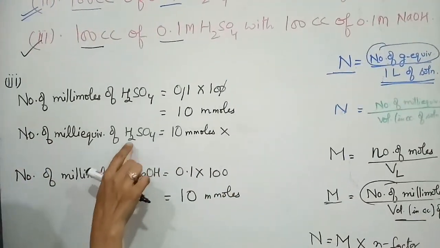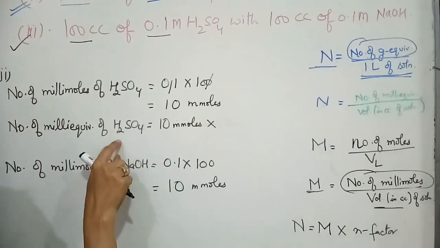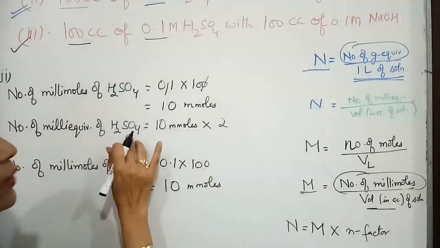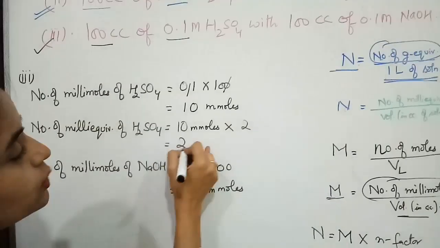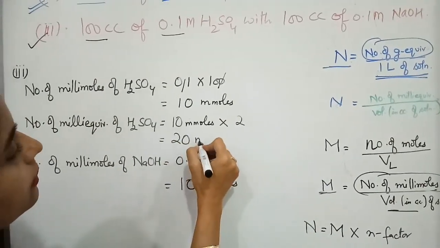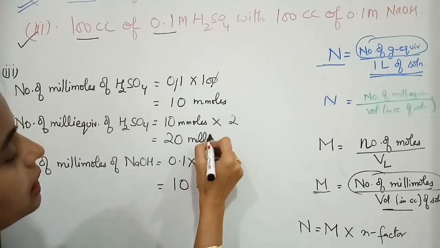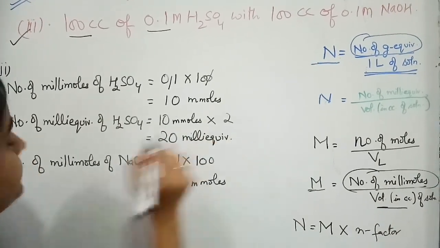In this case, sulfuric acid, the basicity for H2SO4 is 2 because it releases 2 H positive ions. So it comes out to be 20 milli equivalent, not millimoles, milli equivalent.